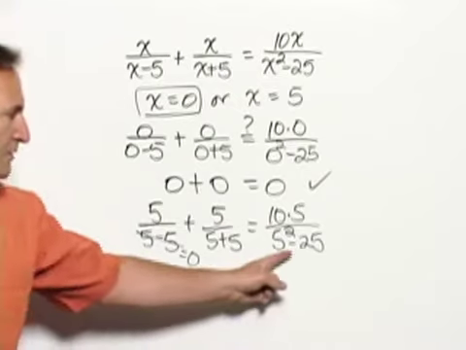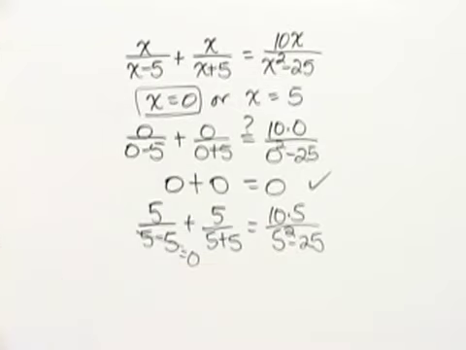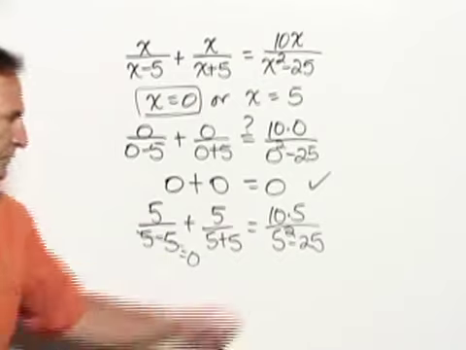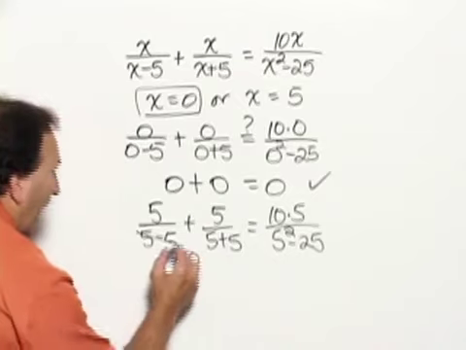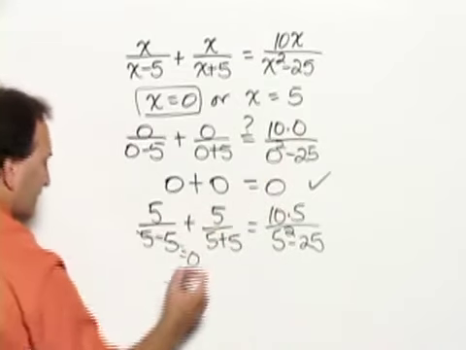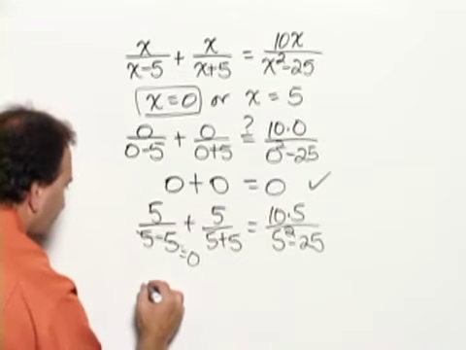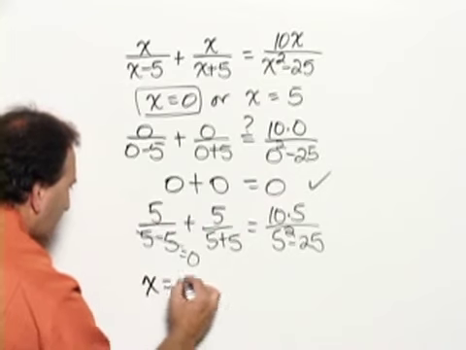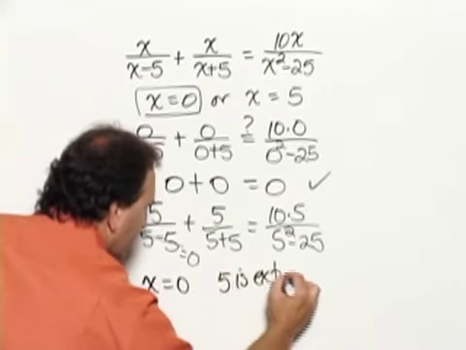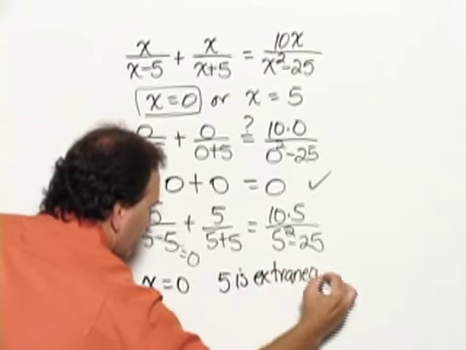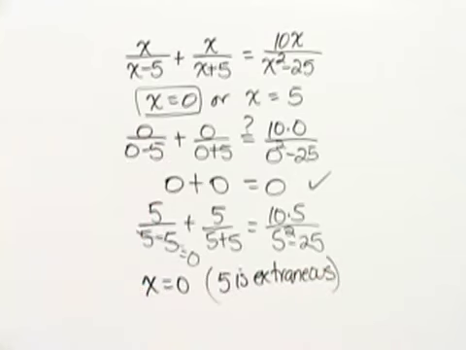At the same time, you'll notice over here we're going to have 25 minus 25 yielding a 0 in the denominator, so this also would be undefined. What that tells us is that 5, the answer 5, is an extraneous solution. So we have x equals 0 and 5 is extraneous. So the only solution is x equals 0.